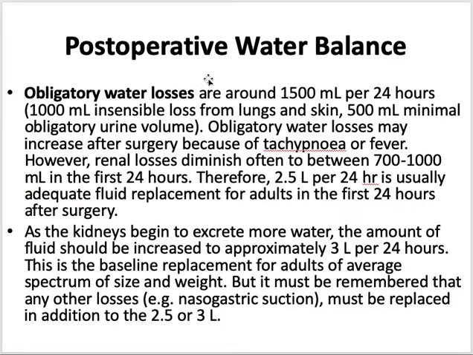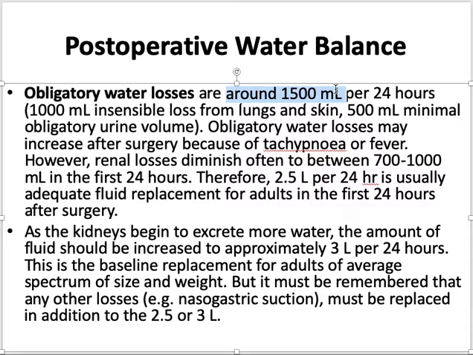Now, see, post-operative water balance. After the surgery, obligatory water losses are around 1500 ml per 24 hours: 1000 ml insensible loss from lungs and skin, and 500 ml minimal obligatory urine loss. So these are almost 1500 per 24 hours.